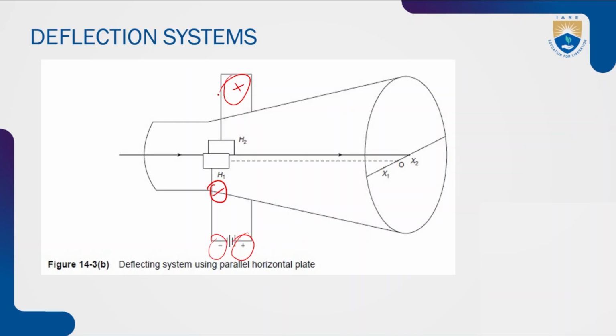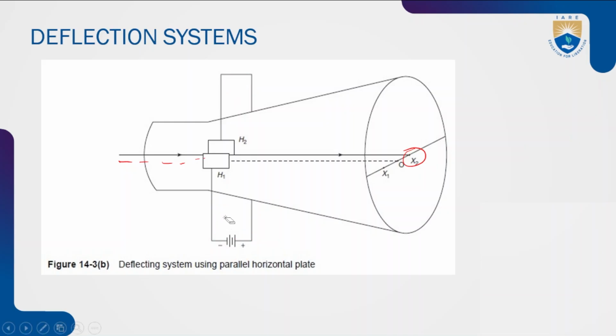The electron beam coming from the electron gun tries to reach the positive potential, because the electron beam has a negative potential. So all the electron beams coming from the electron gun try to meet at the point X2, so that we have the electron beam spot at the point X2.